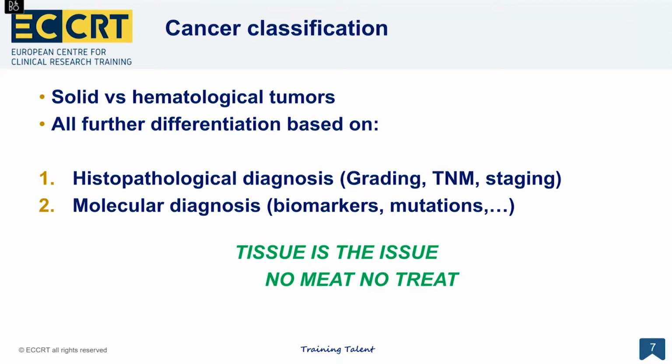We can also take a look at the localization of the tumor. We can see if there are nodules surrounding the tumor or even at a further distance, or we can check for metastases, whether there are metastases or not. This is what they call the TNM classification.